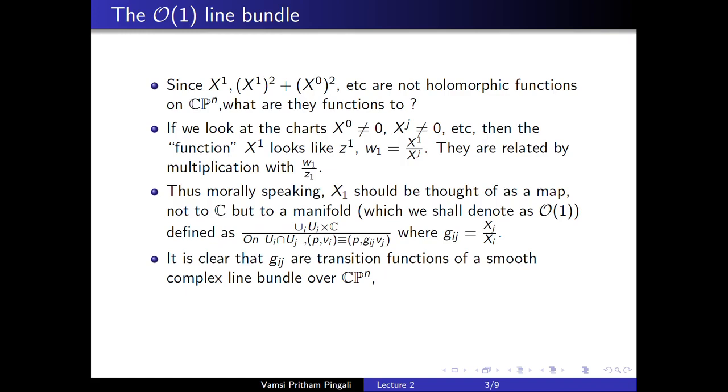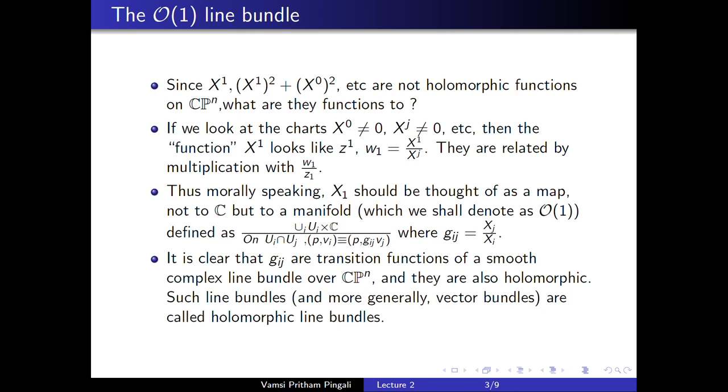So if we adopt this point of view, vector bundles are simply glued versions of trivial bundles, and the gluing map is a matrix valued function, which in this case is holomorphic, an invertible matrix valued function. Then it's not very hard to see that this is actually a line bundle, namely a holomorphic vector bundle of rank 1 over CP^n.